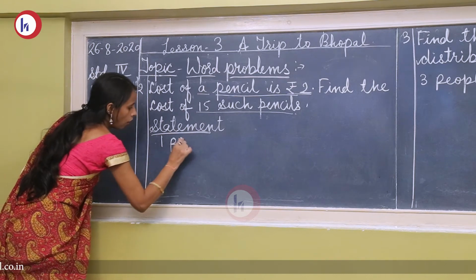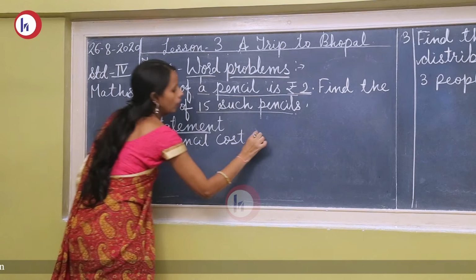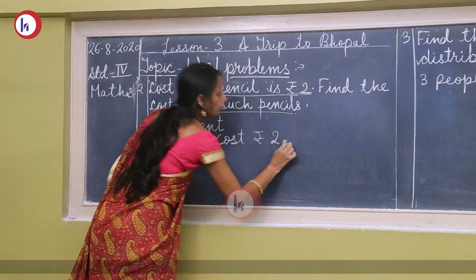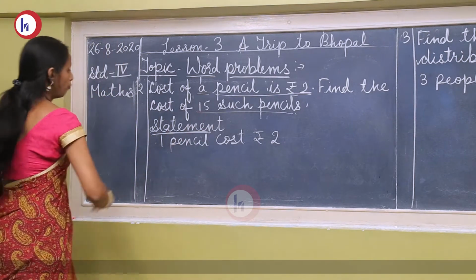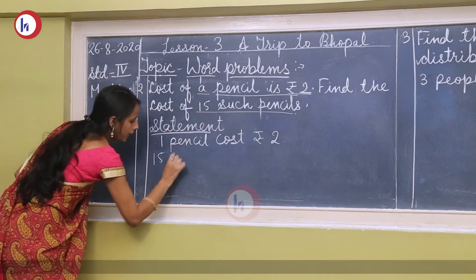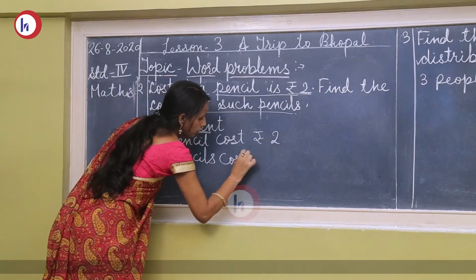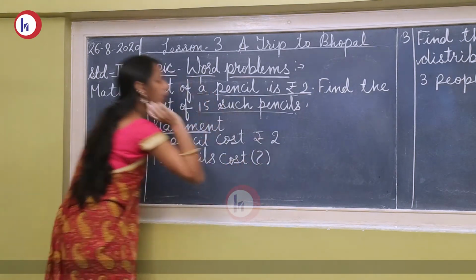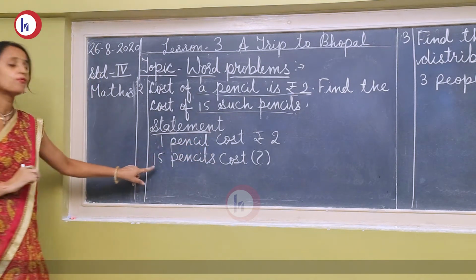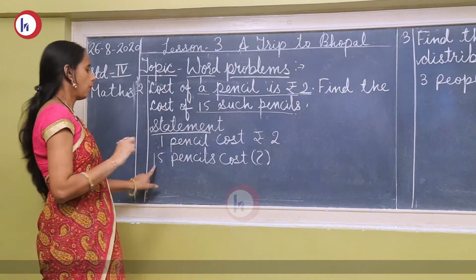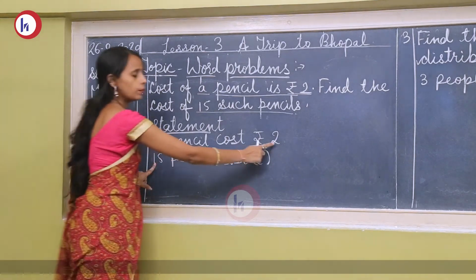One pencil costs rupees 2. Find the cost of 15 such pencils. So 15 pencils cost how much? Here the value of 1 is given and the value of more is asked, so here we will do multiplication. 15 multiplied by 2.